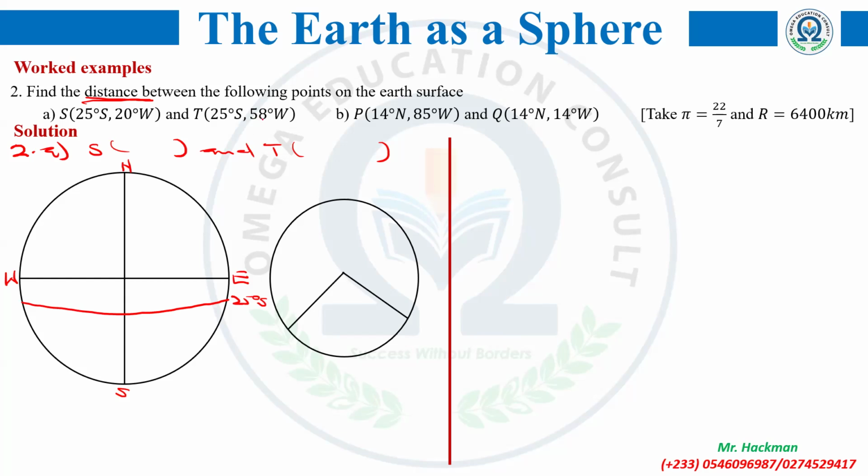You can see that the other one will be 58, so this one should be closer. Okay, 20 degrees, it's an arc. You should look and converge there. It's not looking that pretty, but don't worry. So this will be my 20 degrees west angle.